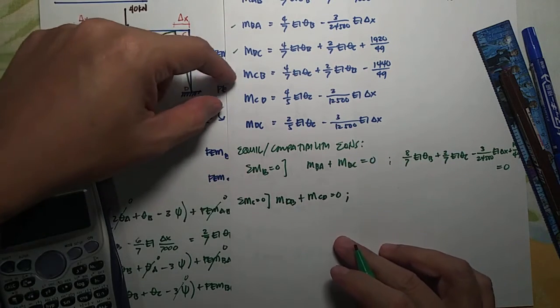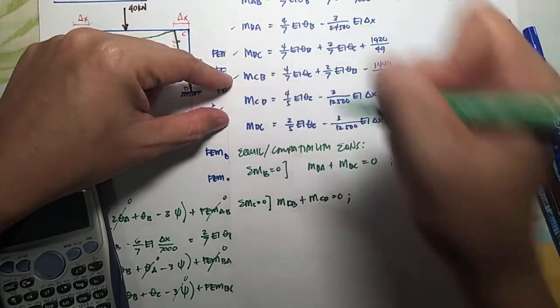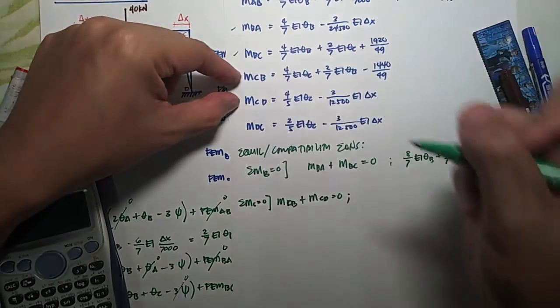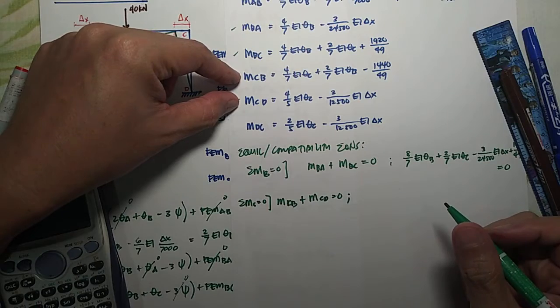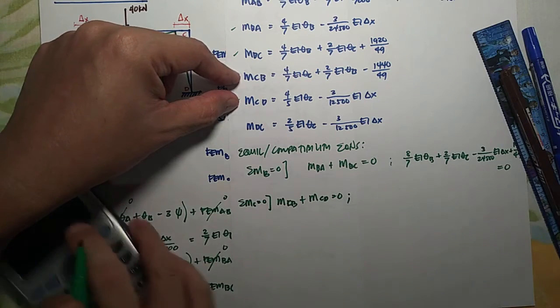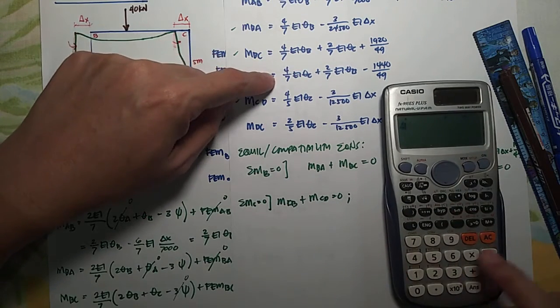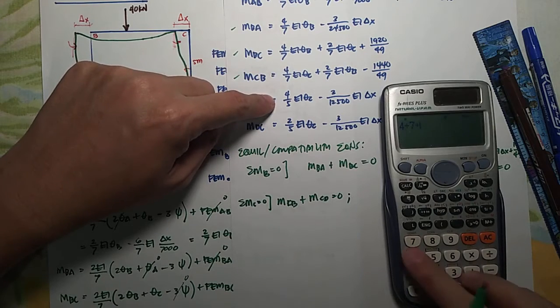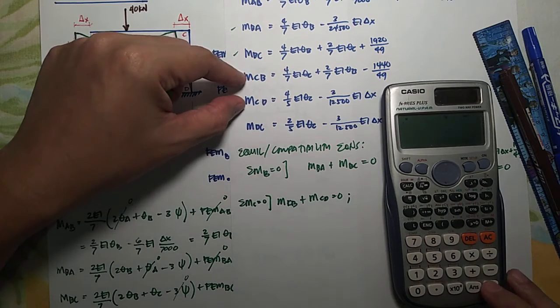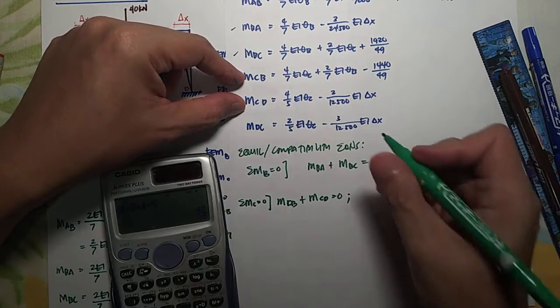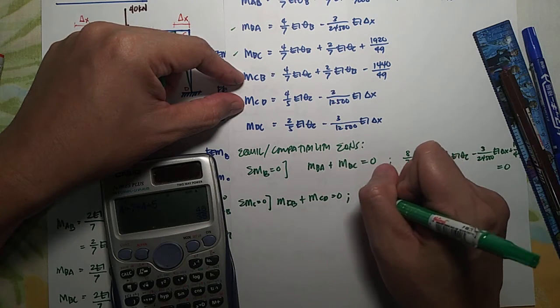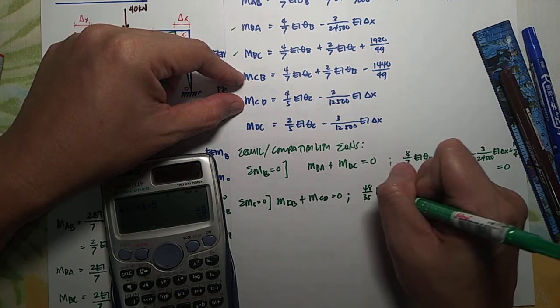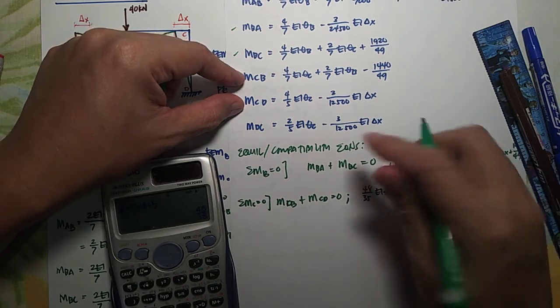So CB is here and CD is here. So when we add these two equations, what will happen? So this is 4 over 7 plus 4 over 5. Okay? So that's 48 over 35. That's EI theta C.